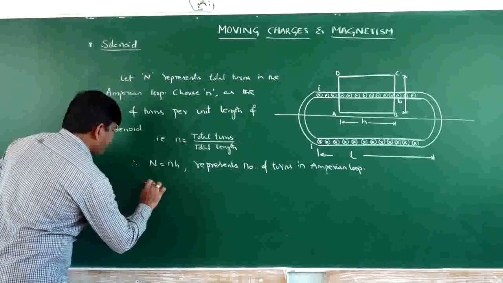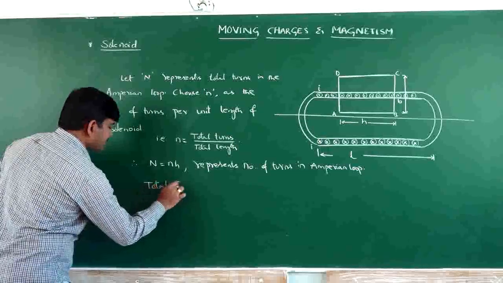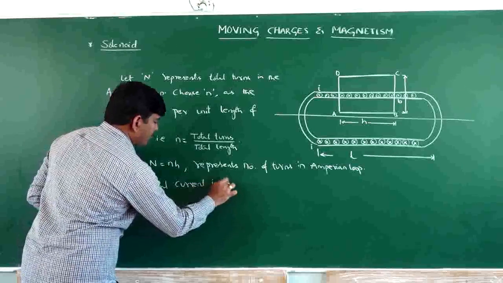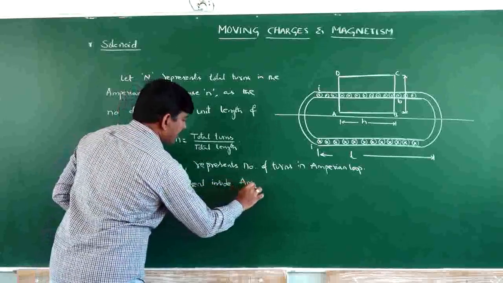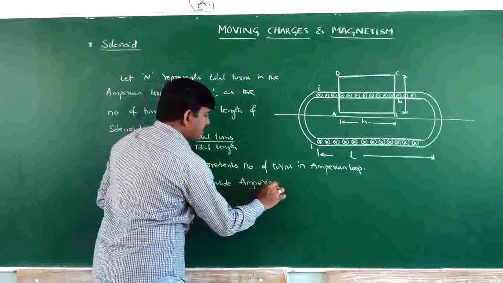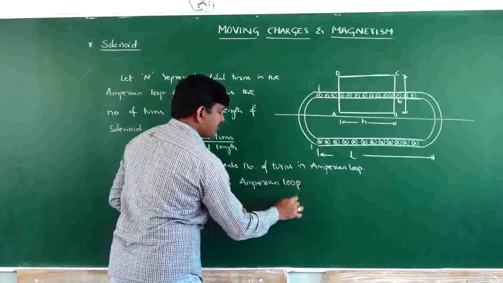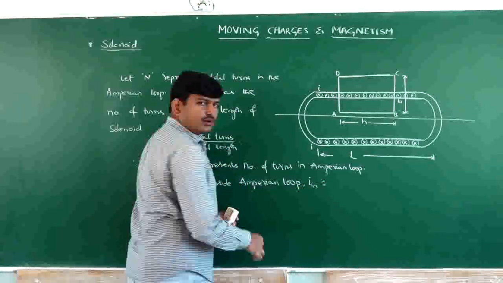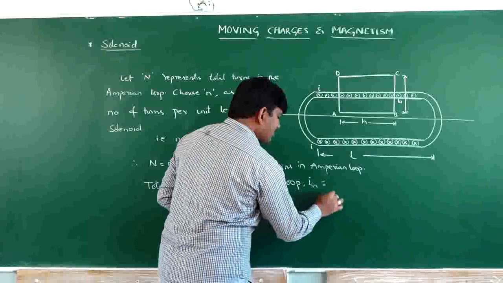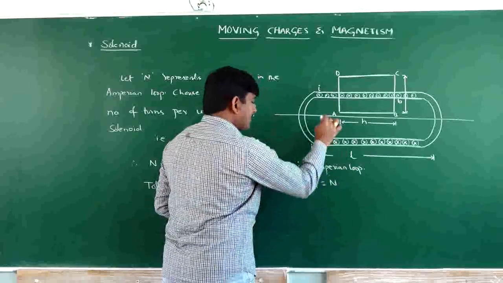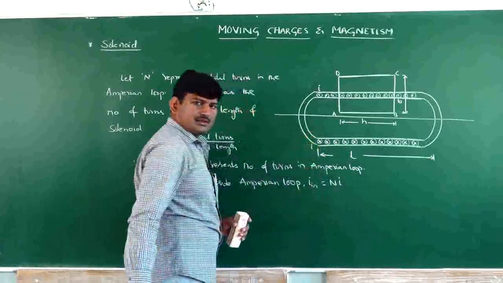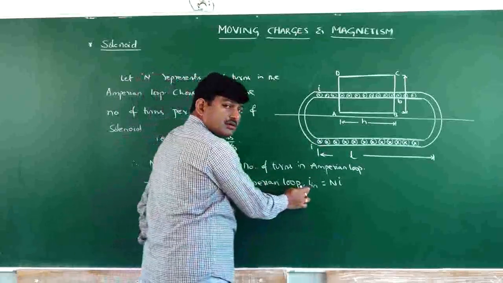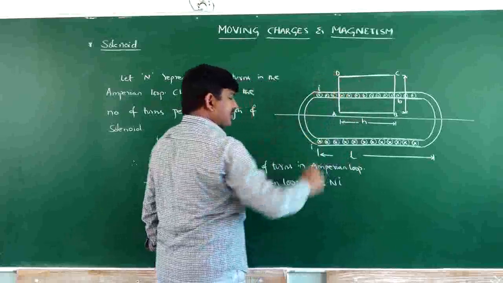The total current inside the Amperian loop, I inside, is equal to the number of turns into the current through each turn. That is, I is the current through each turn. Now I got the current enclosed inside the Amperian loop.